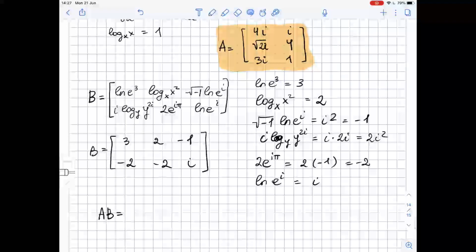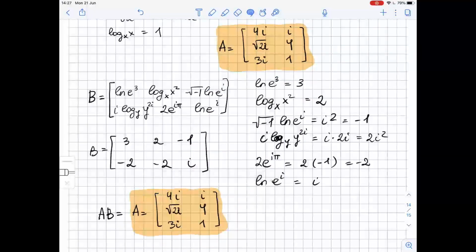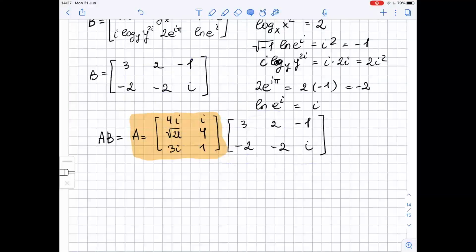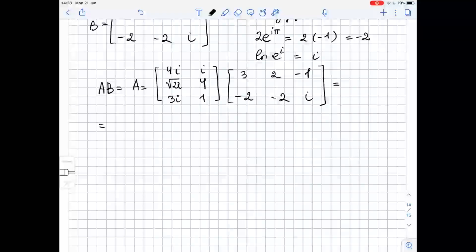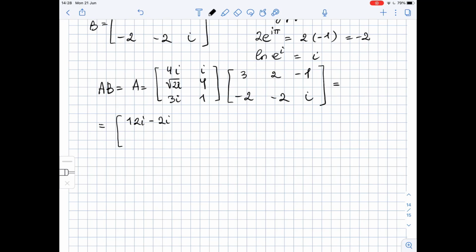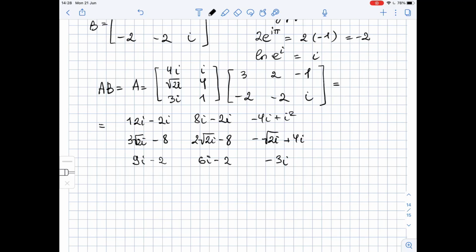Let's copy paste matrix A and multiply it by matrix B. And we will get 12i minus 2i, 8i minus 2i, -4i plus i squared, 3 times square root of 2i minus 8, 2 times square root of 2i minus 8, negative square root of 2i plus 4i, and the last row is 9i minus 2, 6i minus 2, and -3i plus i.